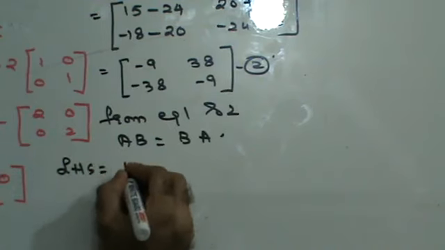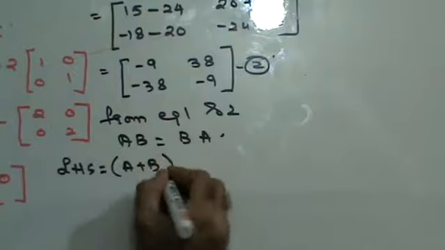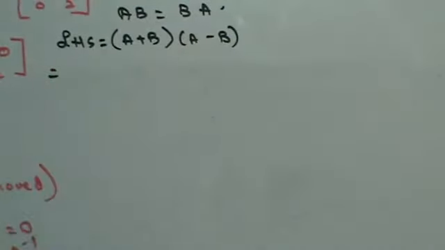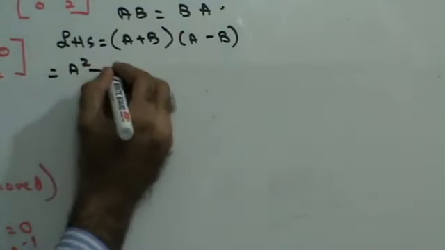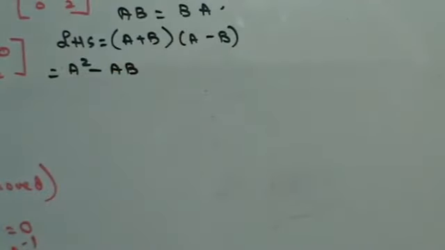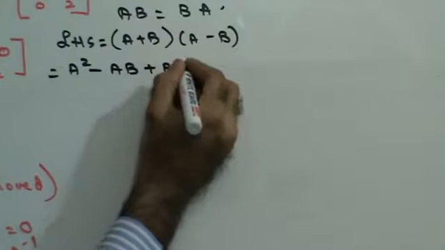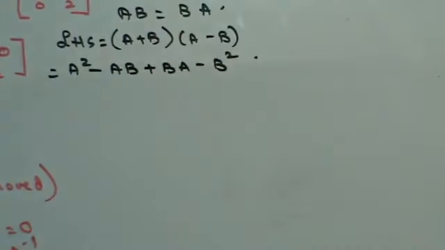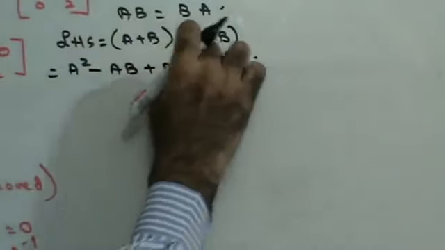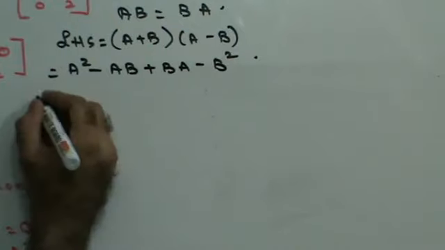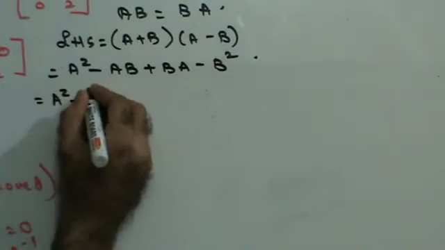I have to prove that A plus B into A minus B. So first I have to multiply A with the second bracket. So that will give me nothing but A square minus AB. Then I have to multiply B with the second bracket, plus BA minus B square. First I multiplied A with the second bracket, then I multiplied B with the second bracket, right? A square minus AB.